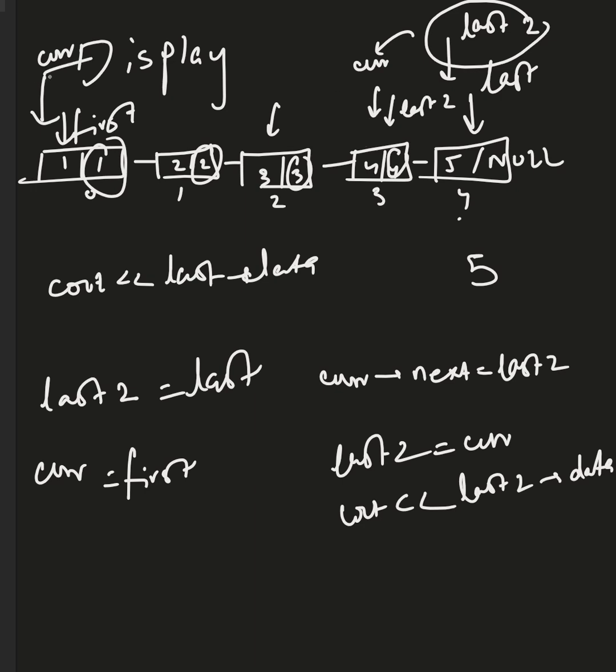It'll move backwards using current, so current will keep on moving forward till its next is equal to last2. So it will come and stop before the last2 pointer. If last2 is here, it's going to stop here. If last2 is here, it's going to stop here, and so on. And it will keep on doing that till last2 reaches the first element. And when the first element is printed, the loop will end because all the values would have been printed.